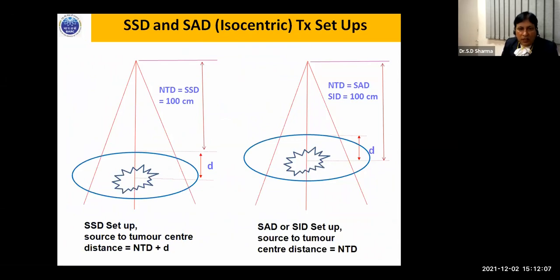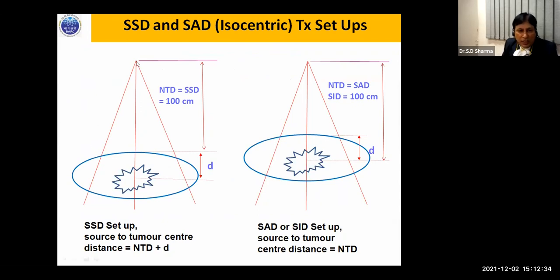Now, I will give you some information, then we will proceed to the basic topic. What is the basic difference between SSD setup of treatment and SAD or SID setup? SAD, that is source to axis distance or source to isocenter distance, is more popularly called isocentric treatment setup.